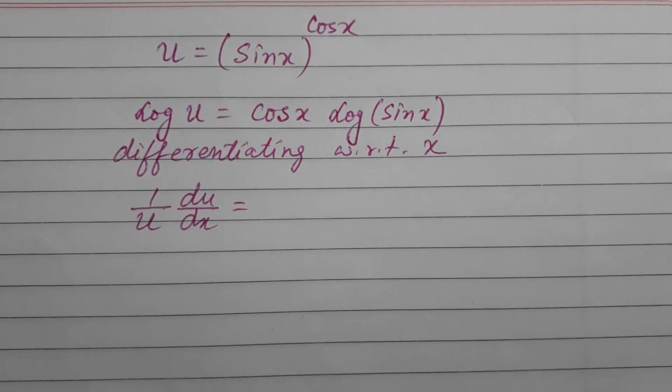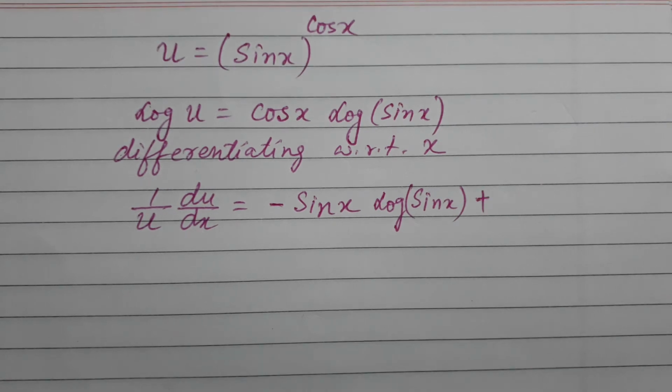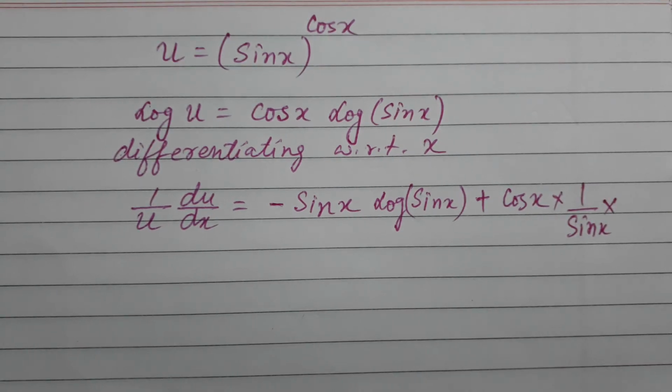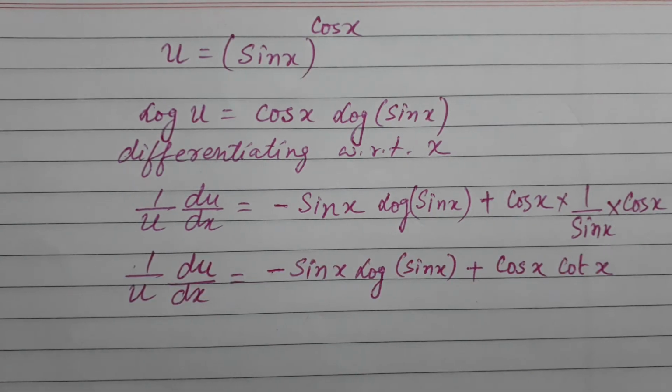The differentiation of cos x is minus sin x, into leave the second function, plus leave the first function into differentiation of the second function, that is log of sin x. Now differentiation of log sin x will be 1/sin x into differentiation of sin x, that is cos x.